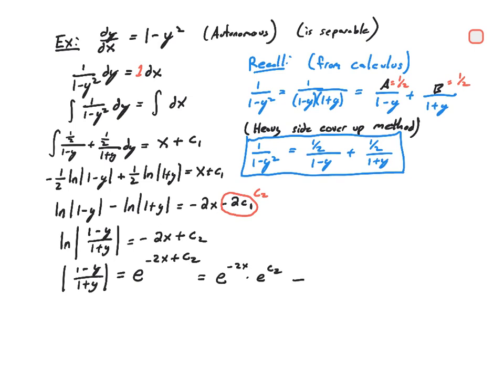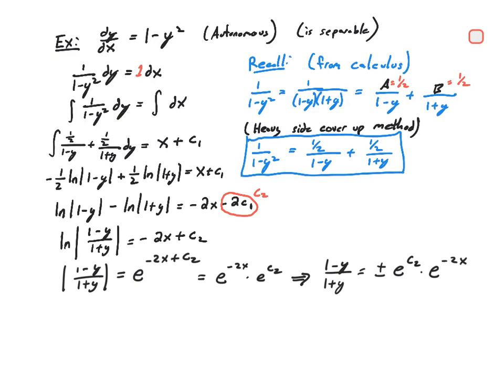Now I should also note that if I were to get rid of the absolute values, that would just be 1 minus y divided by 1 plus y is equal to plus or minus e to the c2 times e to the negative 2x.